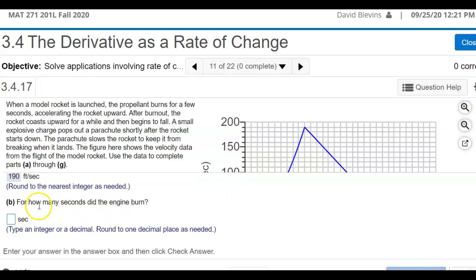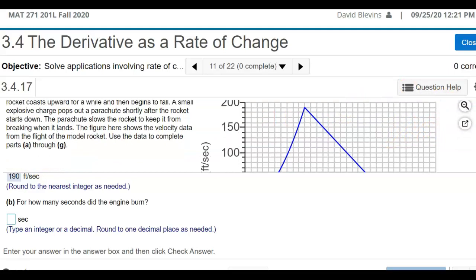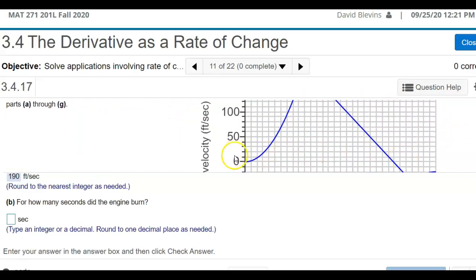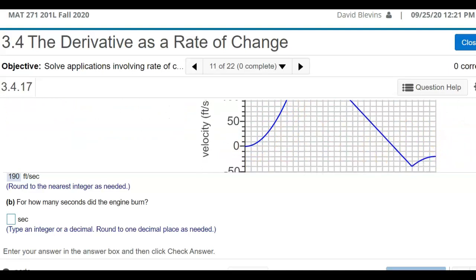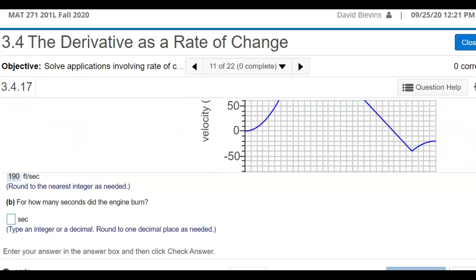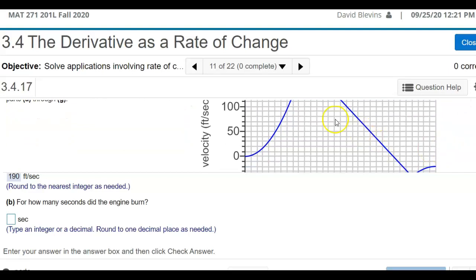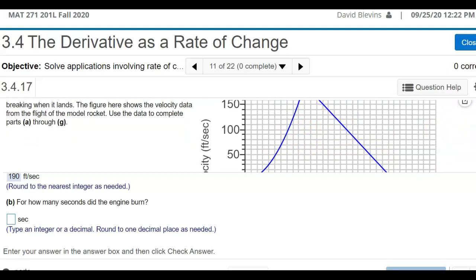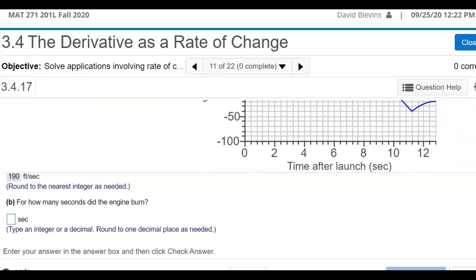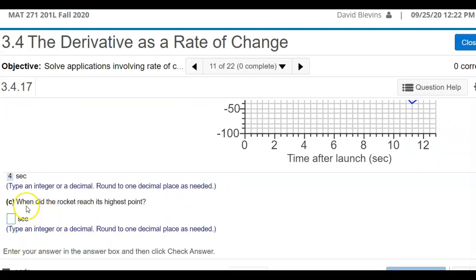Then it wants to know how many seconds the engine burned. The engine is burning as long as we're on this parabolic arc. If we look at our values, what number is this on the axis? That is 4 seconds.